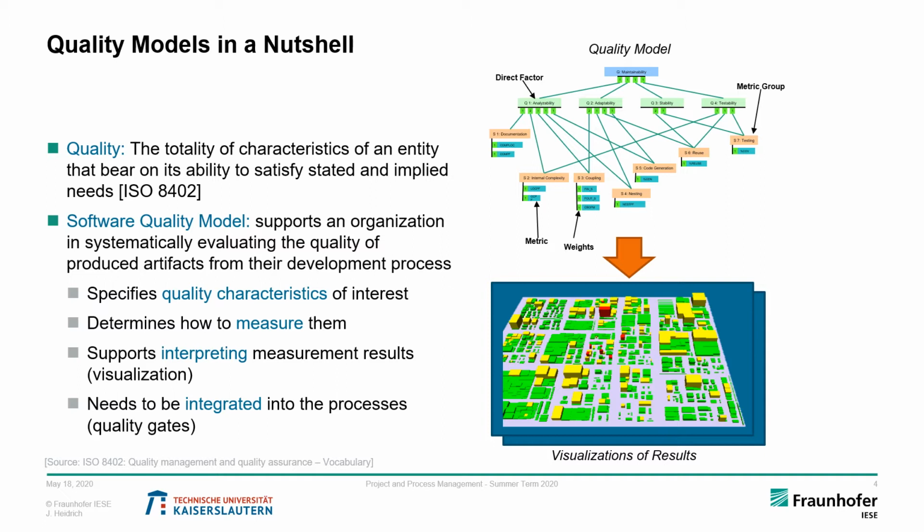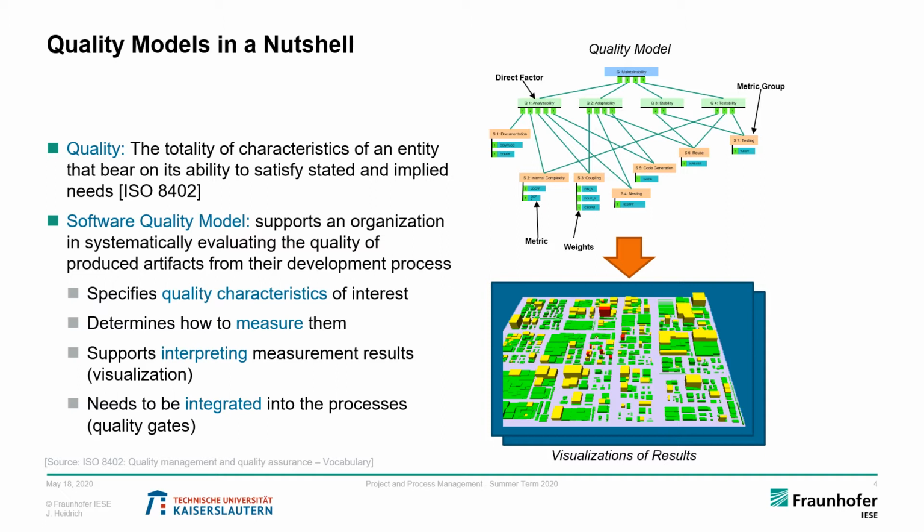And several years ago, the field of software quality modeling came up to break down that abstract term of software quality into more tangible concepts that are easier to touch and to deal with. And the software quality model basically supports an organization in systematically evaluating the quality of produced artifacts from their development process.